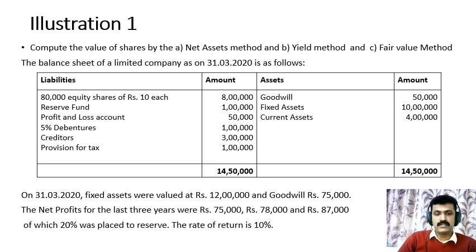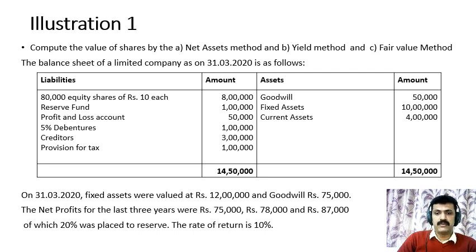Then in the next step, we have to calculate the dividends available for equity shareholders, that is profits available for distribution of dividends to equity shareholders. From the weighted average profits of the company we have to deduct reserves of 20%, and the resulting balance we can consider as the net profits available for dividends to equity shareholders.